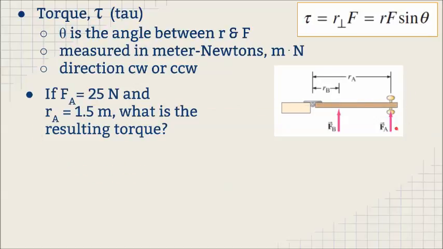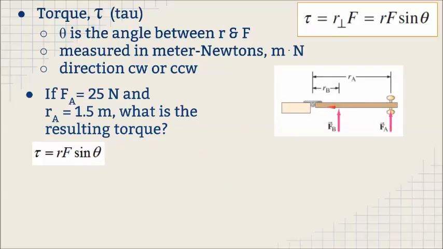If the force of A is 25 newtons and the radius of A is 1.5 meters, what is the resulting torque? We're going to use this formula directly as R F sine theta. We already have meters and newtons, so we simply plug that in. But what is the angle between R and F?